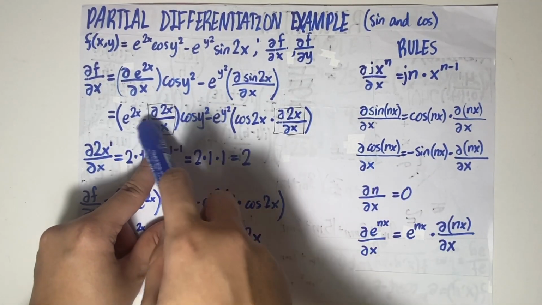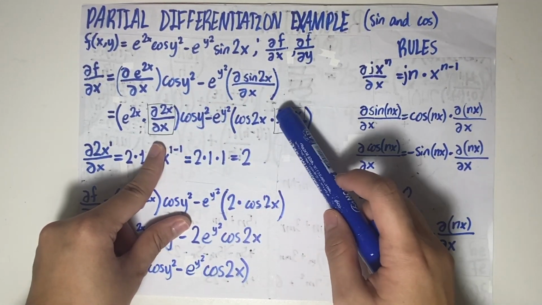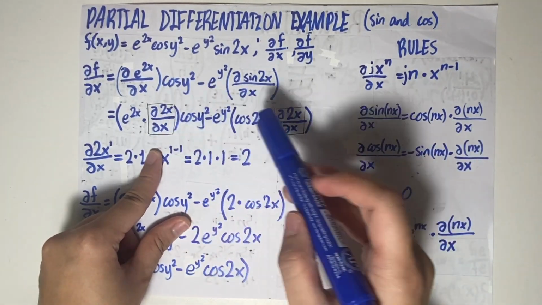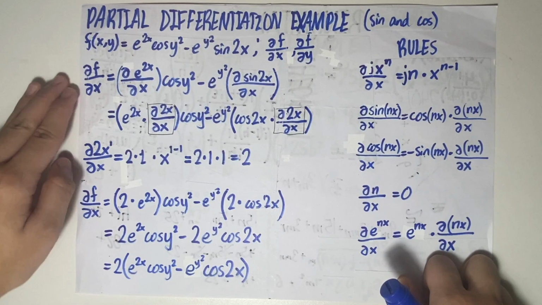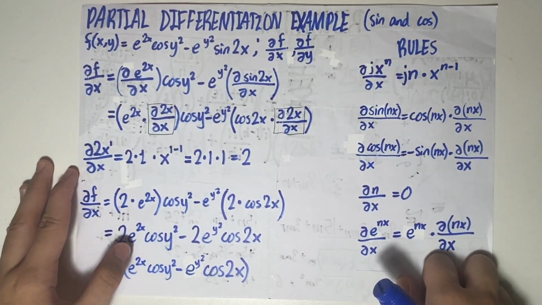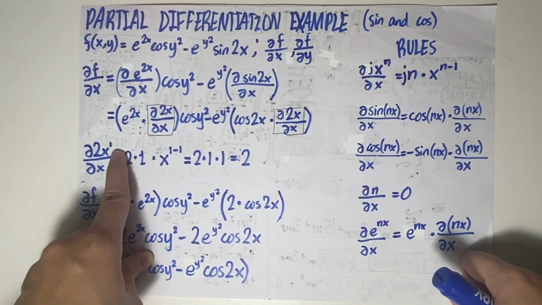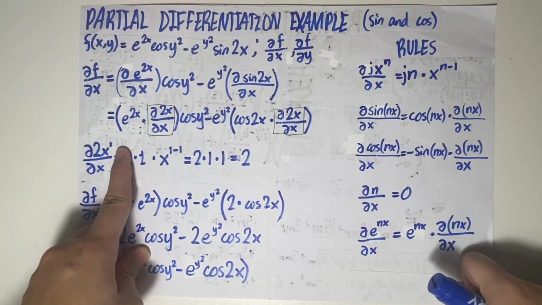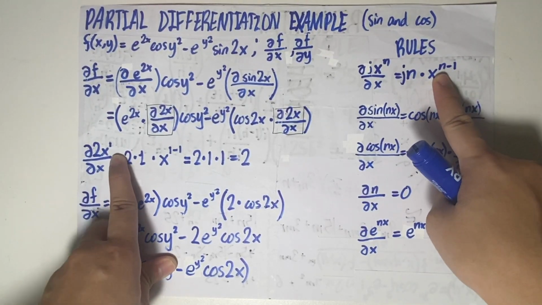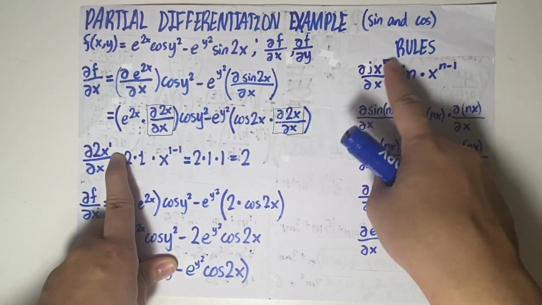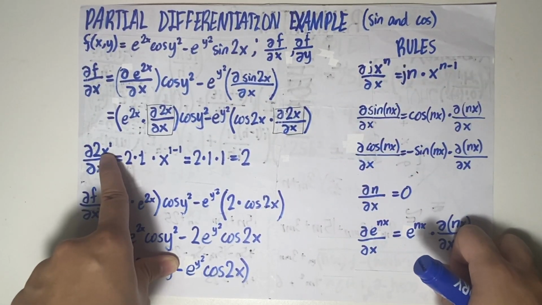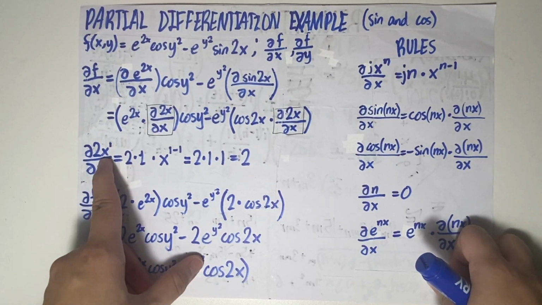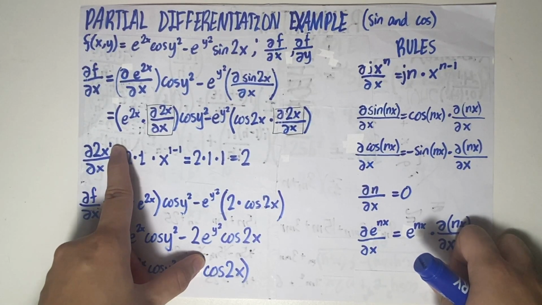Breaking away from deriving f in terms of x for a moment, we are going to focus on deriving 2x. I wrote here a little to the power of 1 for clarity when working with this rule for derivatives, but usually you would not need to put the to the power of 1.